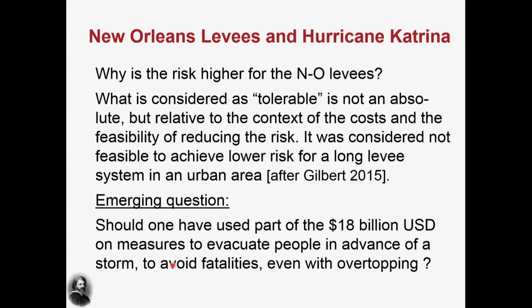But there is an emerging question for me as an outsider: should one have used part of the $18 billion that were used on measures to evacuate the people in advance of a storm to avoid fatalities, even with overtopping? Because if you're not prepared for an evacuation, it's going to be a real mess.